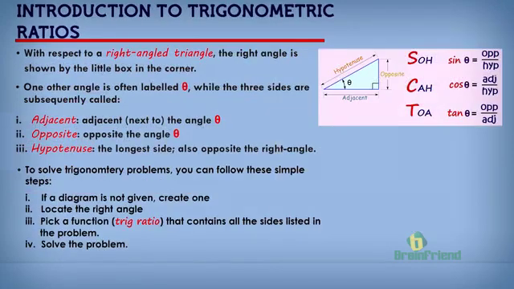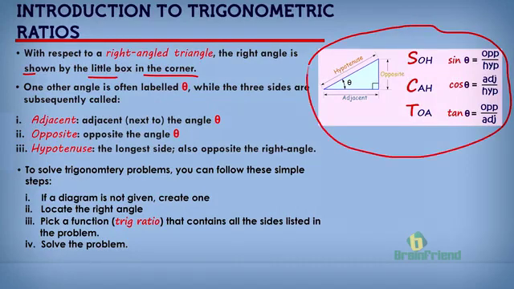With respect to a right angle triangle, the right angle is usually shown by a little box in the corner, somewhat like this. So the little box in our corner here tells us that this particular triangle is a right-angled triangle.